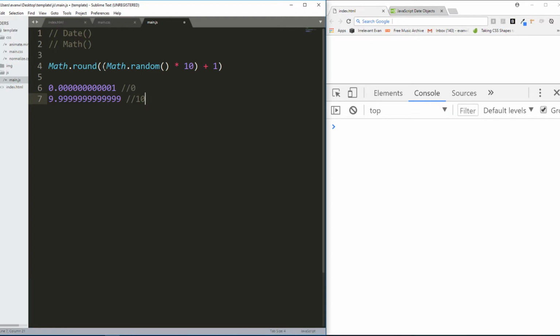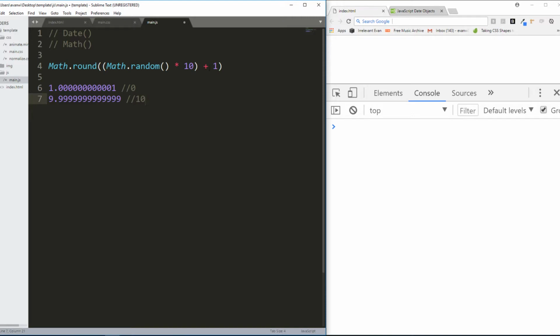So we take the product of Math.random and 10, any number between these two numbers, and we add 1 to it. So what does that do to our range? Well, it changes this lowest possible number, and these numbers, again, they represent the argument, which is being rounded.